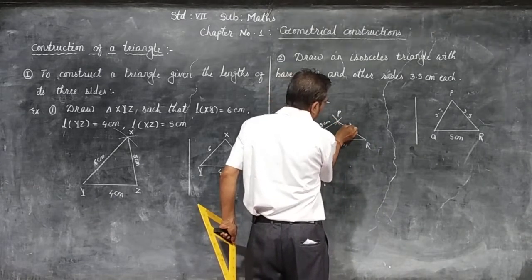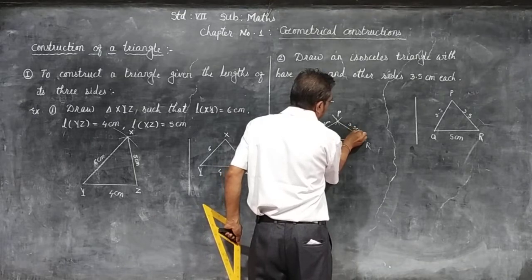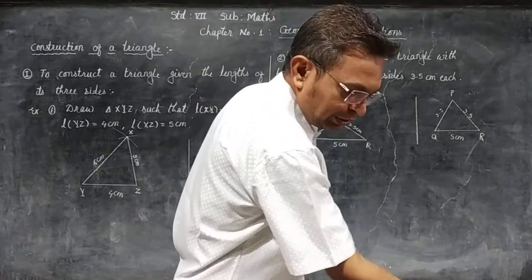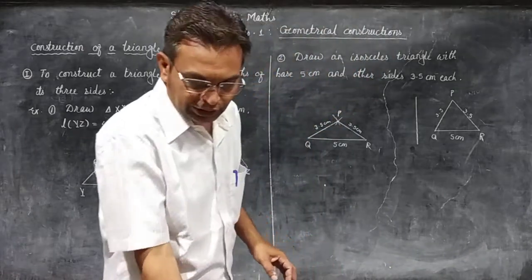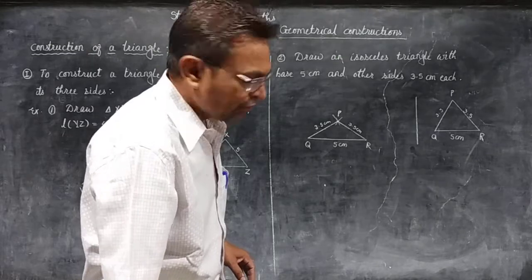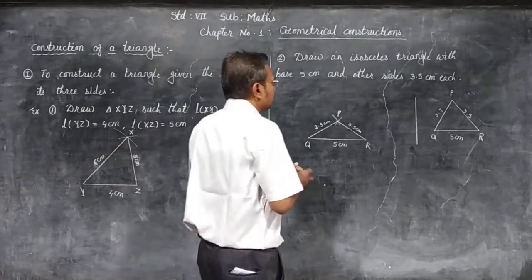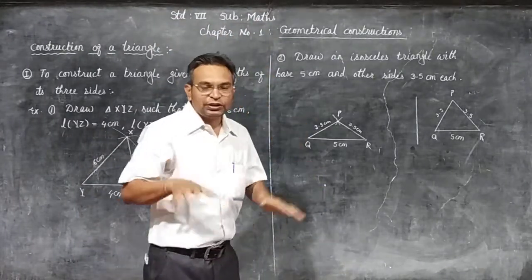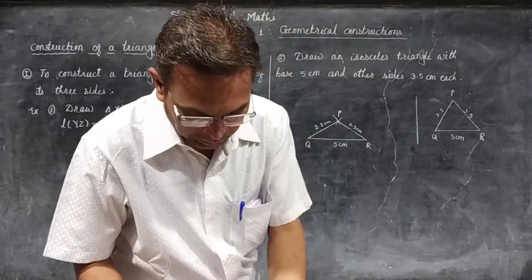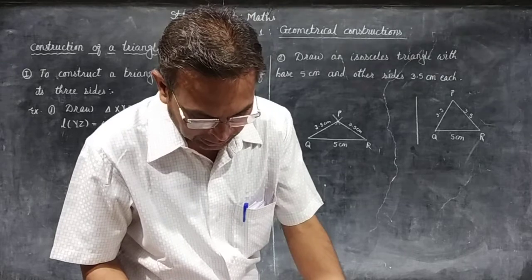Here also 3.5 cm. Are you getting? It is very easy. Isosceles triangle has 2 equal sides. Scalene triangle has no side equal, and in an equilateral triangle, all 3 sides are equal. By using this, we have drawn the triangle.